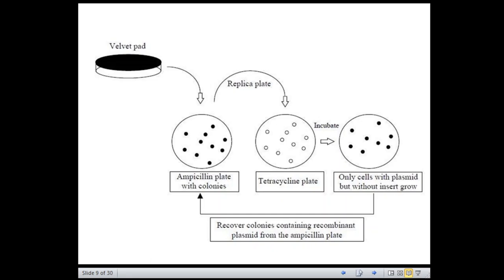Now, clones of cells that fail to grow on the second plate, for example, owing to the loss of antibiotic resistance, can be recovered from their corresponding colonies on the first plate.